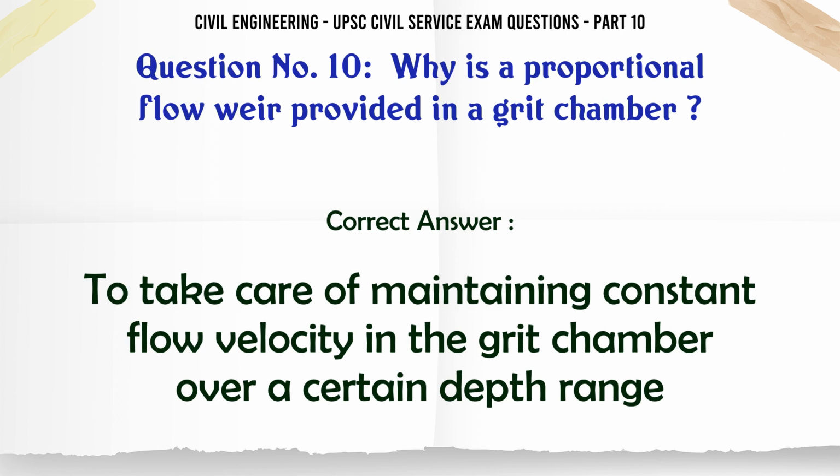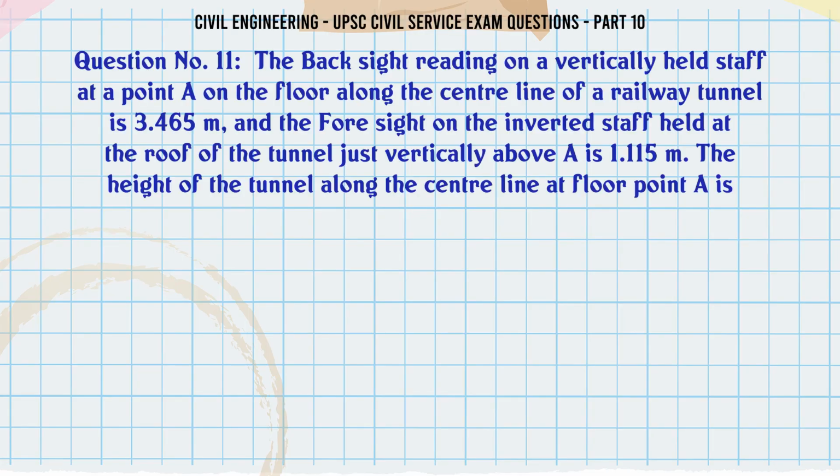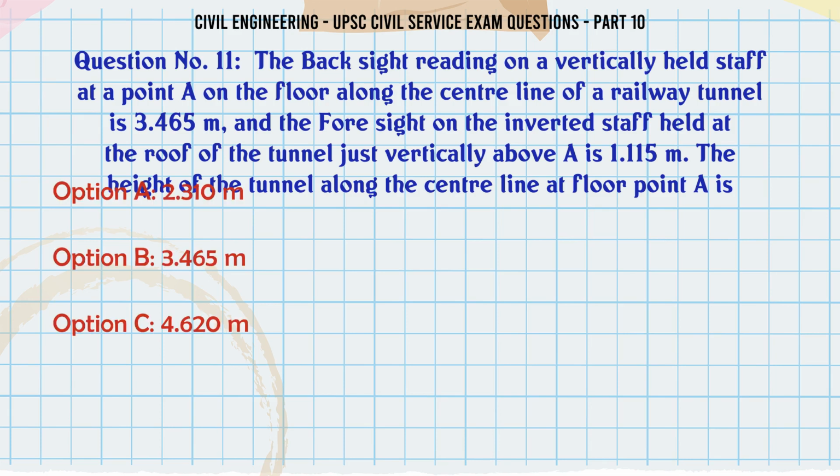range. The backsight reading on a vertically held staff at a point A on the floor along the center line of a railway tunnel is 3.465 m and the foresight on the inverted staff held at the roof of the tunnel just vertically above A is 1.115 m.